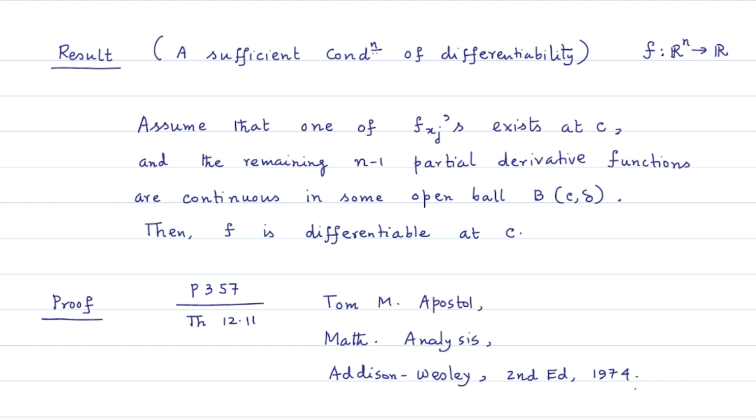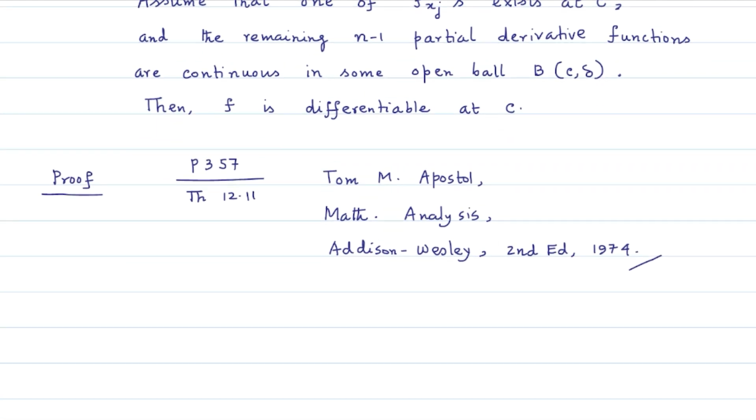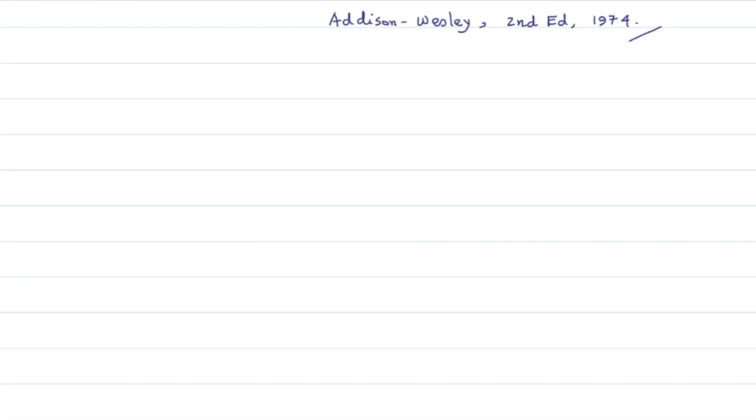With this, I end this lecture here. But before ending, let me give you a few questions to work out. The first question that I would like to give you is the following. Consider the function f(x1, x2) equal to x1 plus x2 when x1 x2 is equal to 0, and 1 when x1 x2 is not equal to 0.